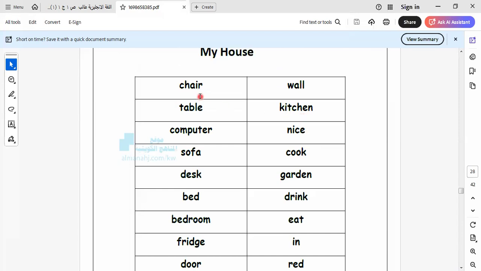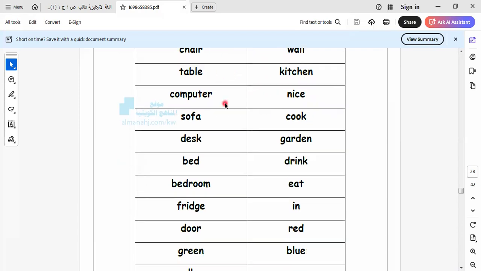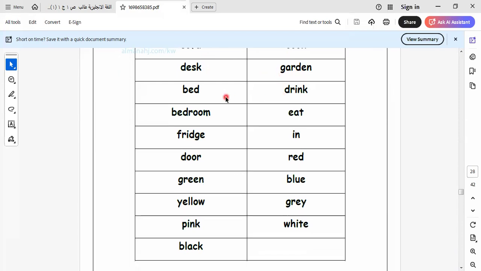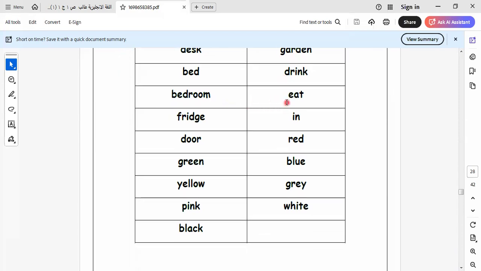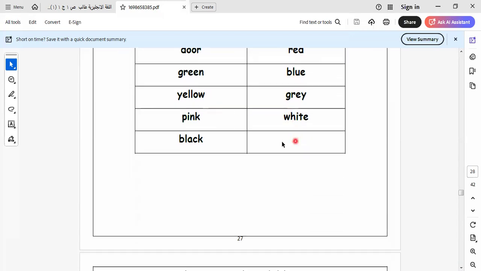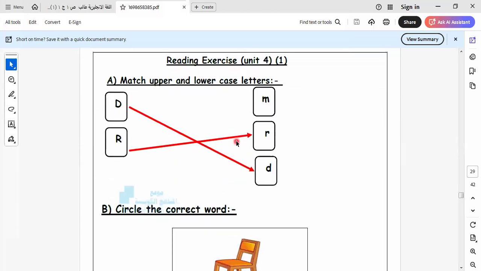In this unit, we know the words chair, wall, table, kitchen, computer, nice, sofa, cook, desk, garden, bed, drink, bedroom, eat, fridge, in, door, red, green, blue, yellow, gray, pink, white, and black. Here we have the exercise related to this unit.